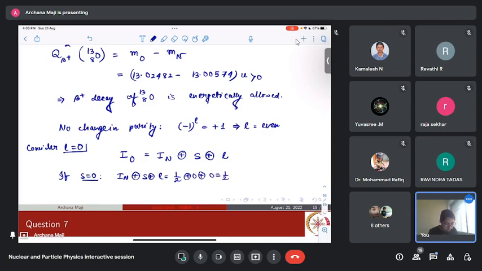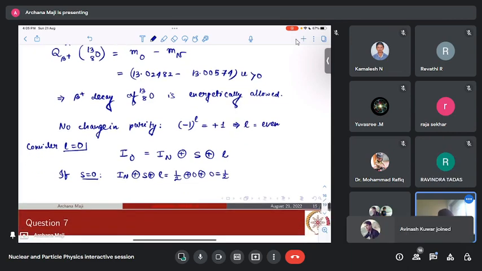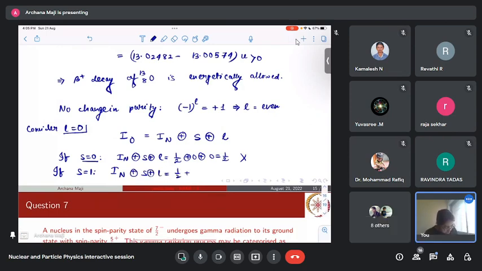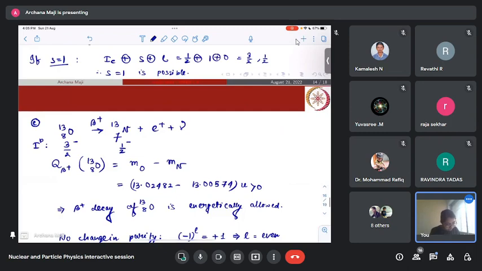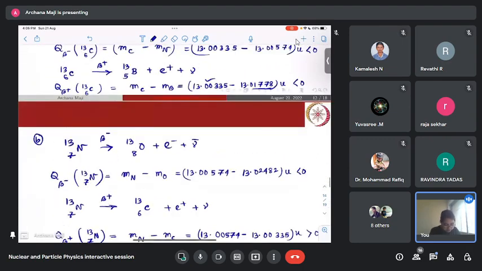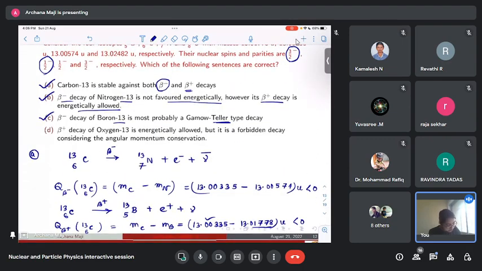But oxygen is 3/2, so S equal to 0 is not possible. So of course S equal to 1 will be the case: 3/2, half, which is the angular momentum of oxygen. So that means it is a forbidden decay considering angular momentum conservation.